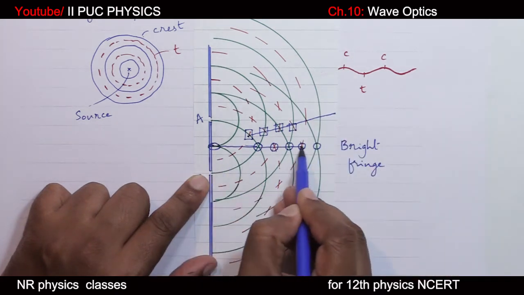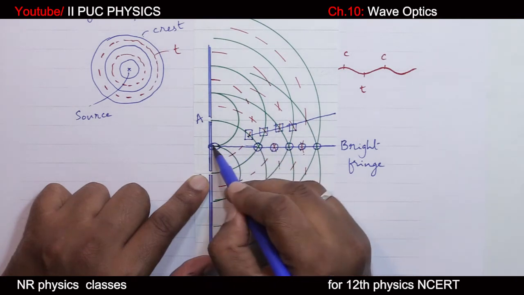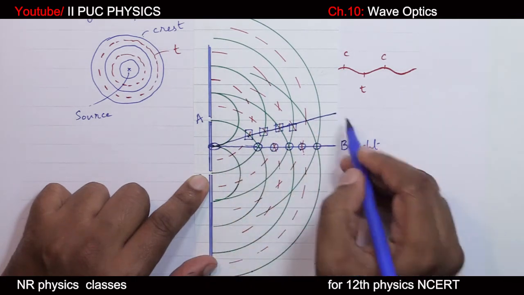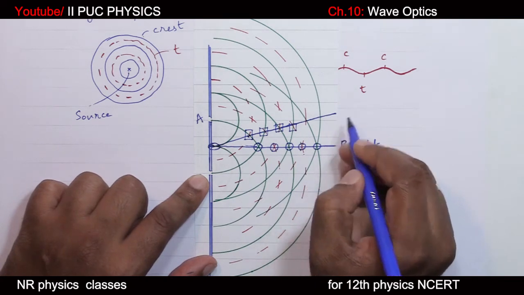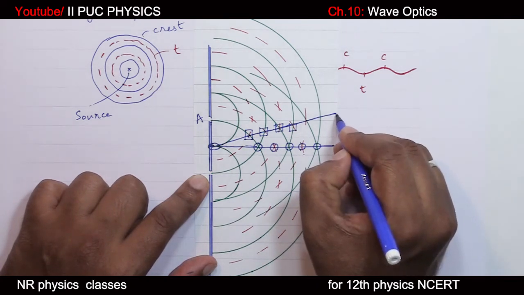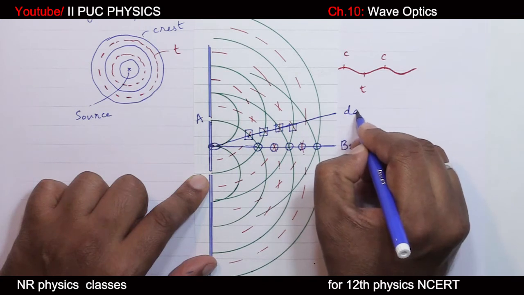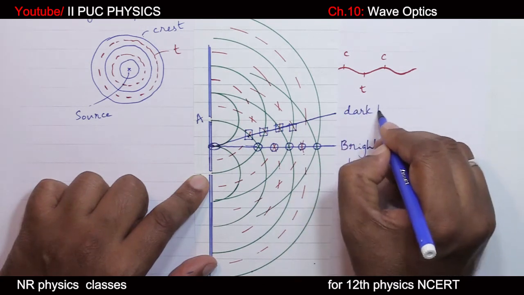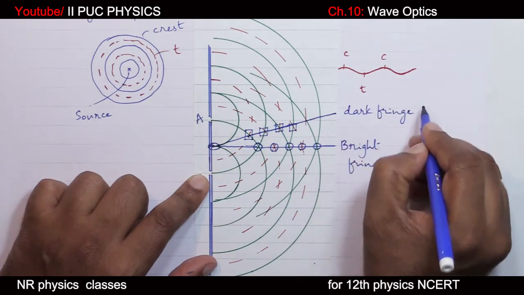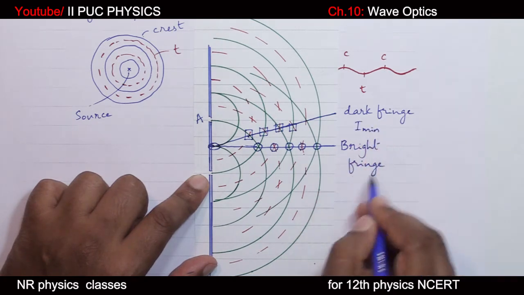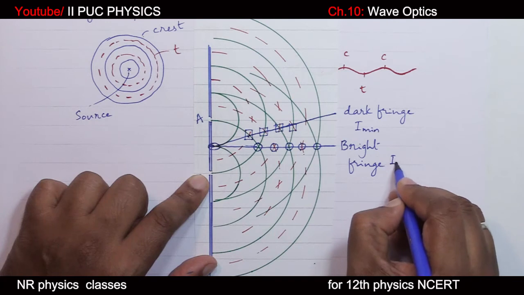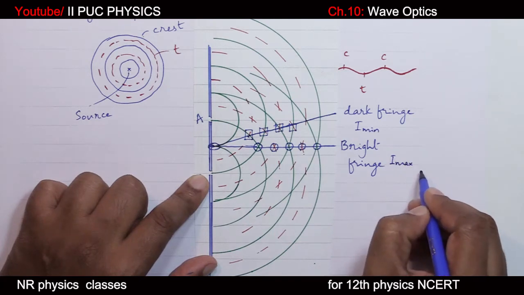Here constructive interference, this results in destructive interference. Destructive interference means intensity should be less, minimum. So in this case, this is the region of dark fringe. Dark fringe means destructive interference where intensity is minimum. Okay. Bright fringe means intensity is maximum.